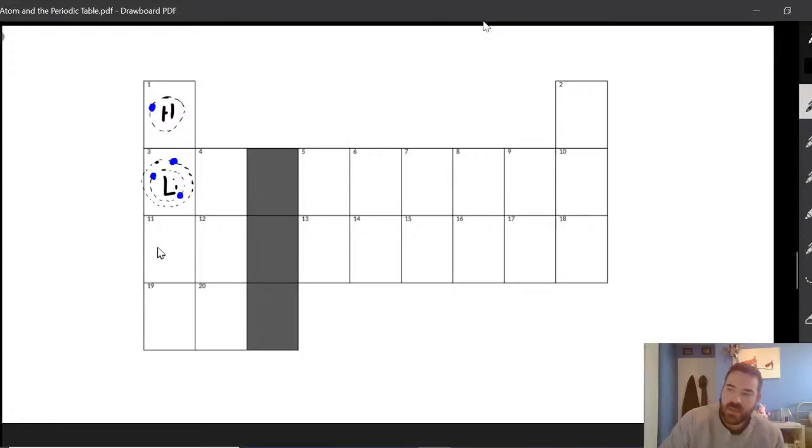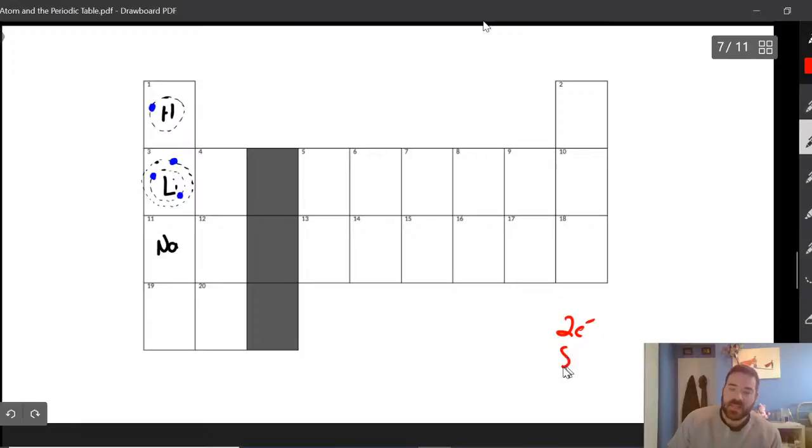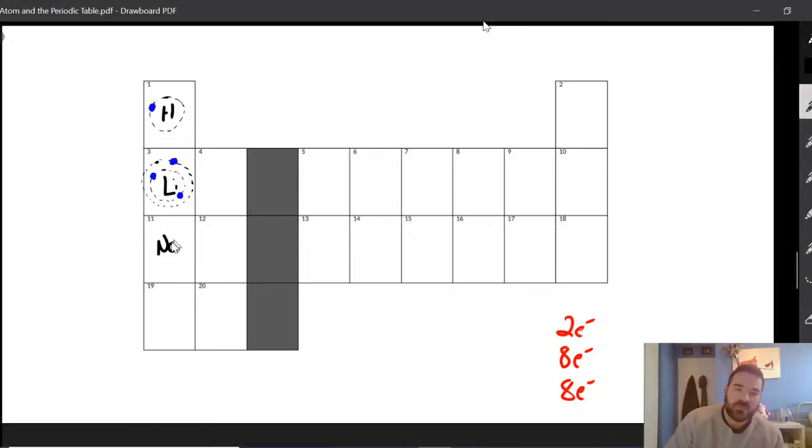Let's go to 11. 11 is going to be sodium. Sodium is the 11th atom on the periodic table, so it has 11 protons. And if it has 11 protons, then it must have 11 electrons. And we know that the filling order is the first shell has 2 electrons, the second shell has 8, and then the third shell has 8 as well. So there would be 2 on its first shell, 8 on its second shell, that's 10.